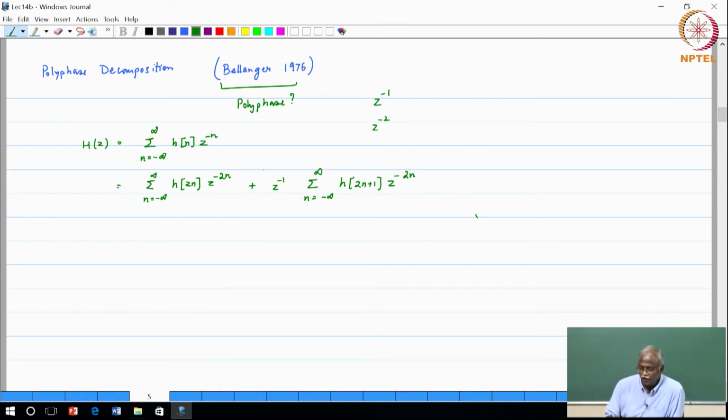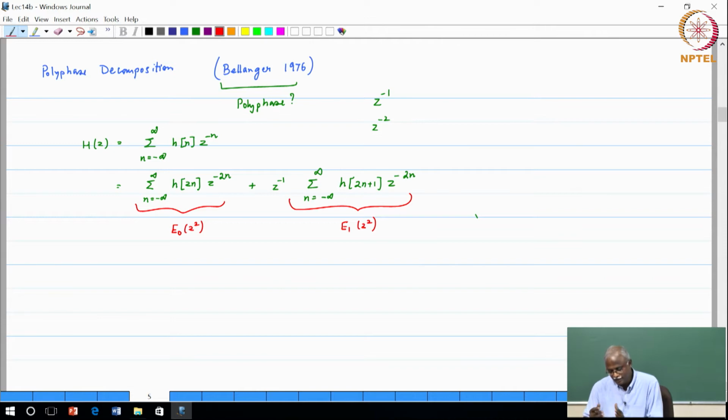So, you can see how the polyphase, in this case just another term with just another phase, is emerging, and this is what we introduced in the last class. We called this E naught of Z squared, we call this E1 of Z squared. Right, that is what we said, and of course, if you had to apply the polyphase decomposition along with the downsampling, we showed how the structure could be utilized.